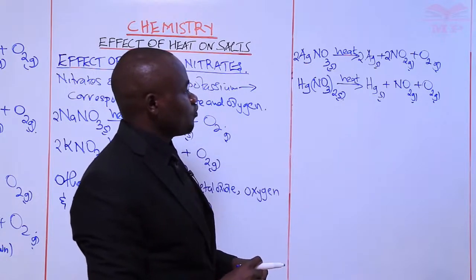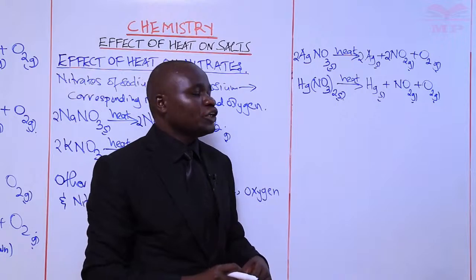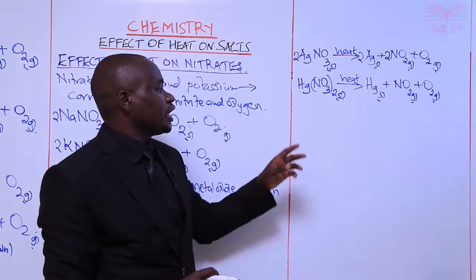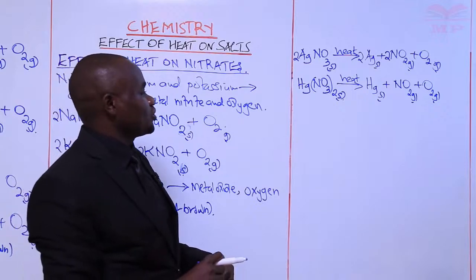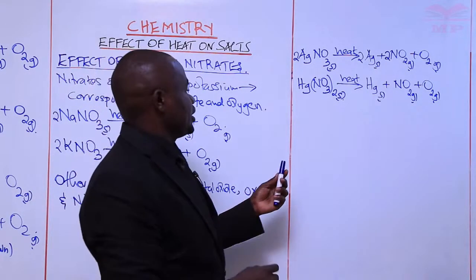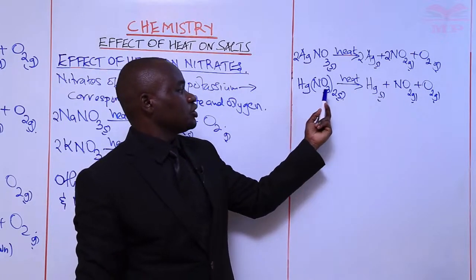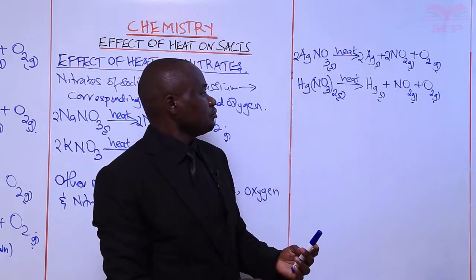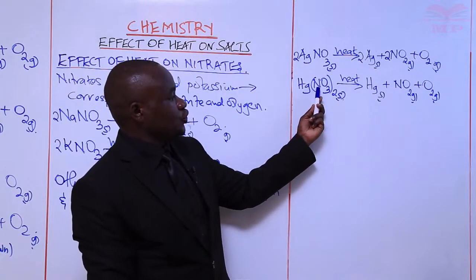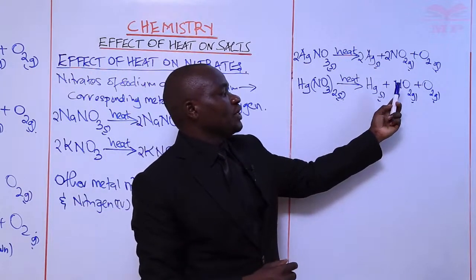Let us also confirm the atoms of the equation of heating gold nitrate, if it is balanced. So we confirm the atoms of gold. This is 1 atom on the left, 1 atom on the right. What about nitrogen atoms? This is 2. So I'm having 2 nitrogen atoms on the left, but 1 on the right.